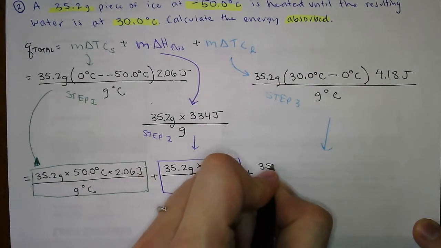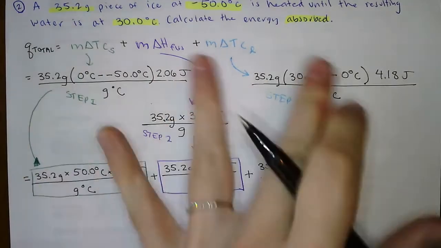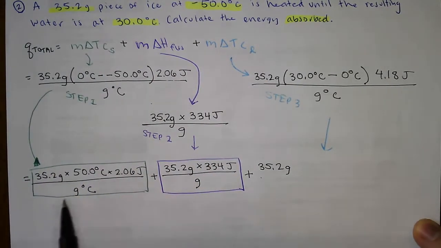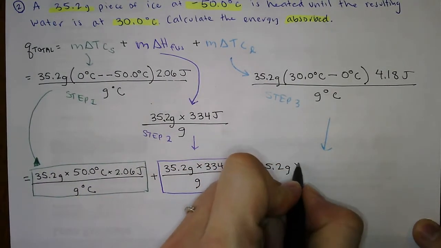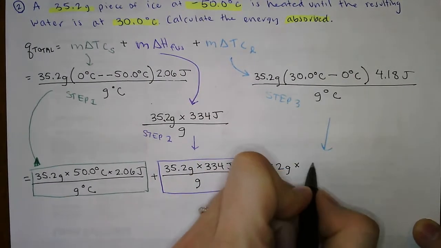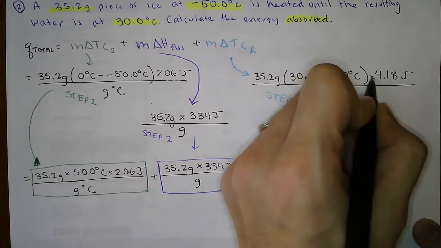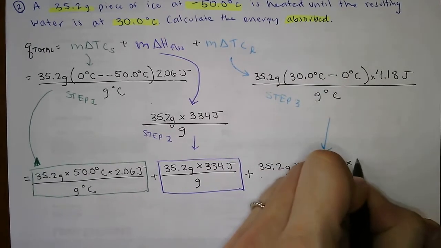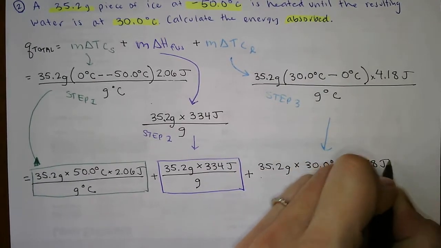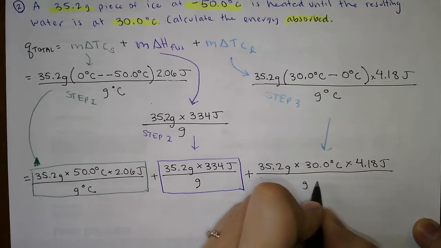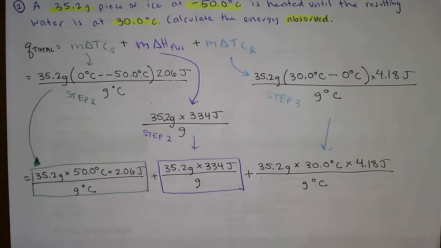So still 35.2 grams. And obviously you don't need to do this whole rewriting thing. It's just making it a little bit clearer visually. So this is just going to be 30 degrees Celsius, and then 4.18 joules per gram degrees Celsius.